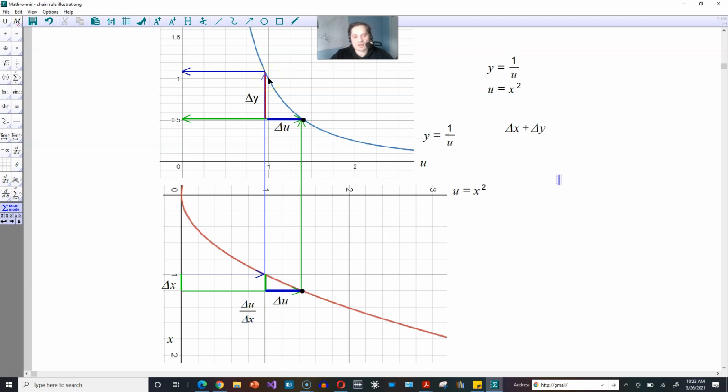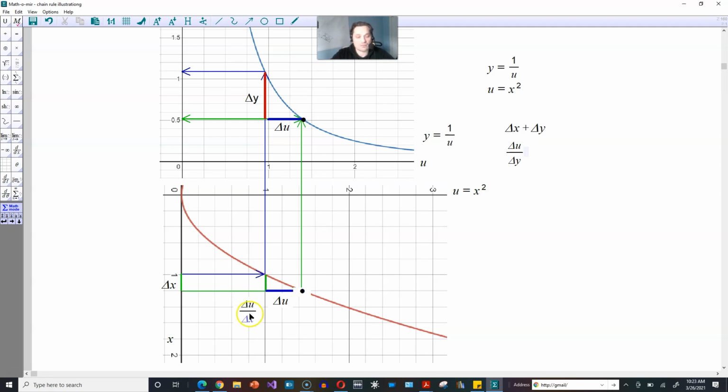Look at this combination of delta y and delta u. How can you combine them in some meaningful way? Again, because things are ultimately just created by people, you could say, well, I'm just going to take delta u and divide by delta y. Why not? So let's see. In other words, for this one, I'm going to take delta u and divide by delta y. On the bottom, notice I have delta u over delta x.